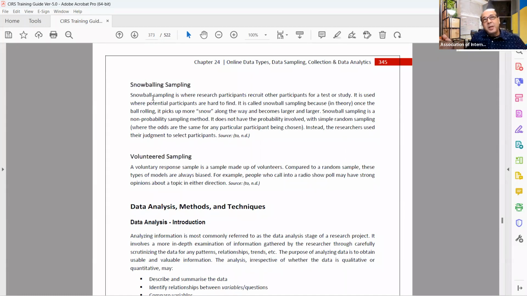And those people might again be connected, or one of those that are gathered or are invited by one of the participants might know others as well in similar groups or through their support group somewhere else. They would also be able to get recruited. So it is like one person recruiting another recruiting another, so it is kind of a snowballing sampling effect, and we call it snowball sampling method.